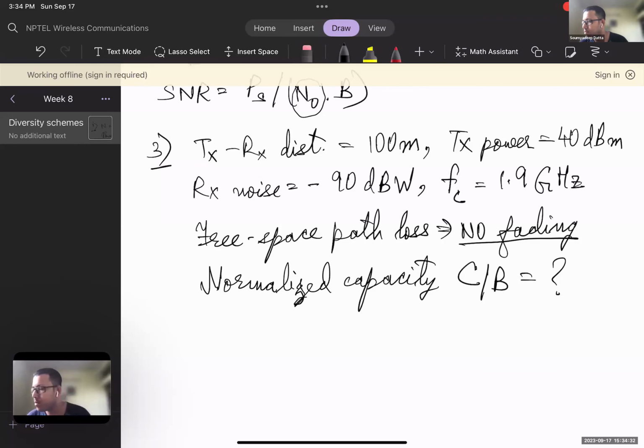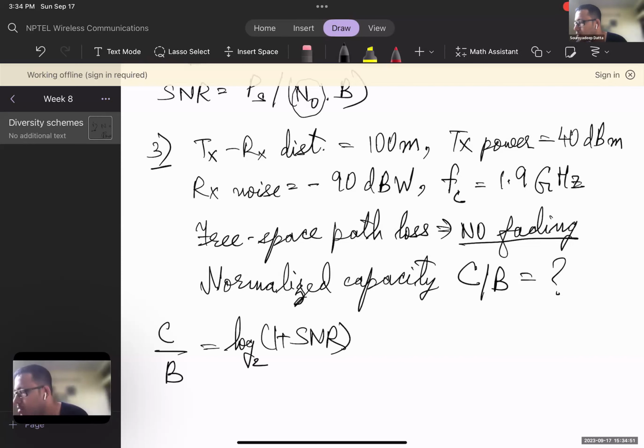So we know the formula, right? I hope so far you are following. We know the formula for normalized capacity. What is the formula? We just discussed. C by B is equal to log of 1 plus SNR. And so we just need to calculate SNR from whatever information is provided here, right?